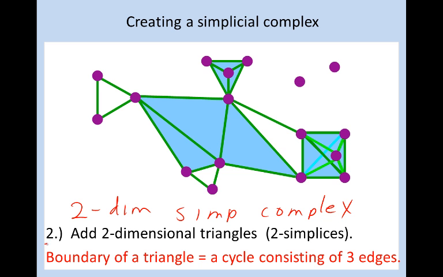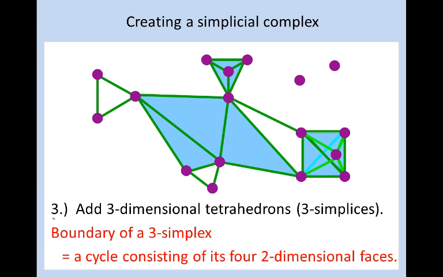As in our step 2, we added 2-dimensional 2 simplices, assuming that the boundary of the 2 simplex already existed. We can now, in step 3, add 3-dimensional 3 simplices. The boundary of a 3 simplex, that's a tetrahedron, is a cycle consisting of 4 2-dimensional faces.